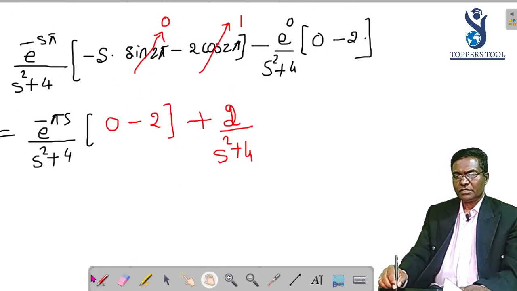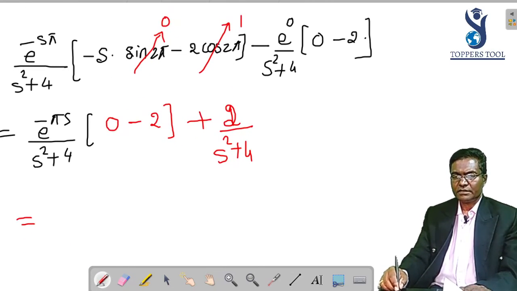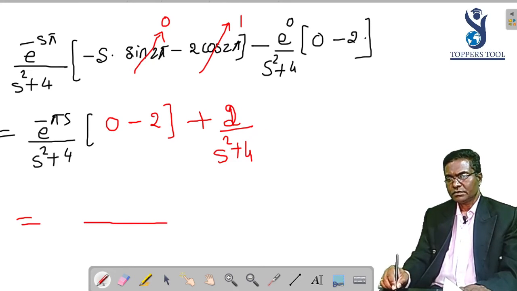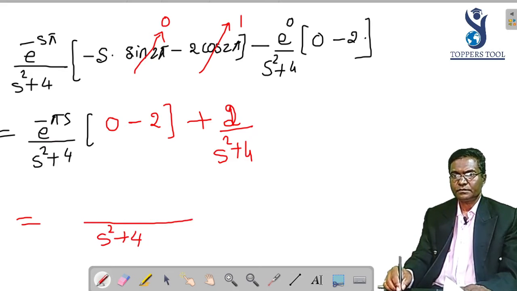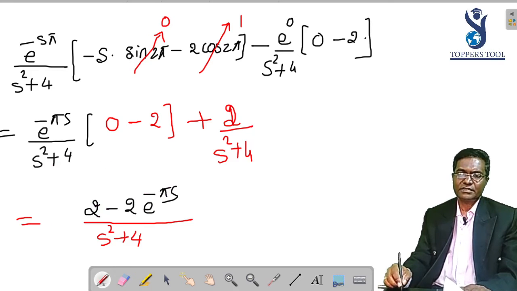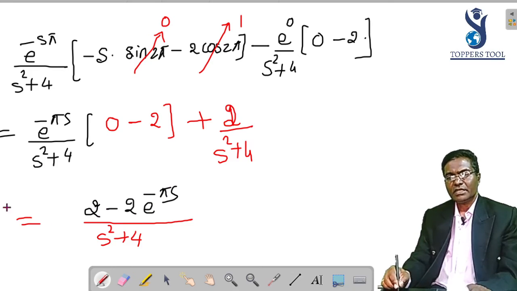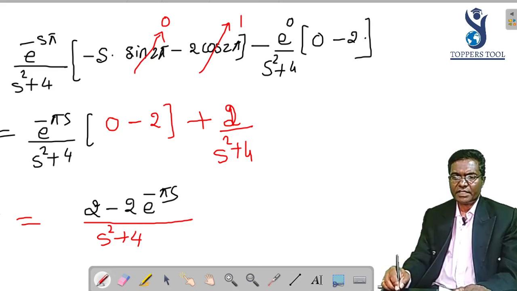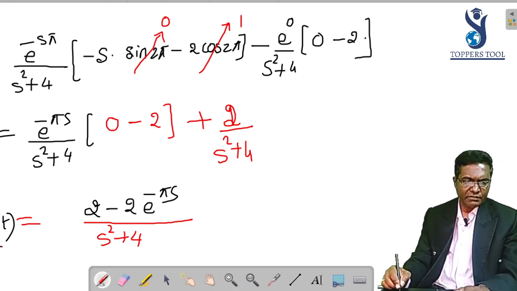Okay, so finally you can write s square plus 4 is common in the denominator and 2 in the numerator: 2 minus 2 e power minus pi s. So this is your Laplace transform of f of t. Whenever you are given in the split form, you have to do like this.